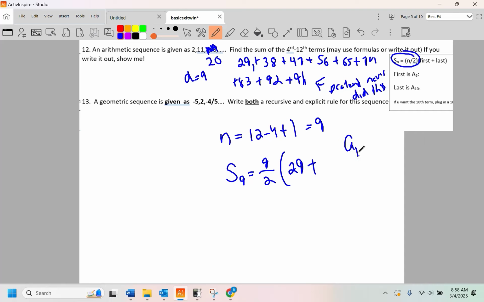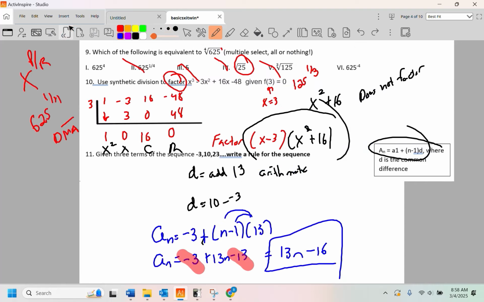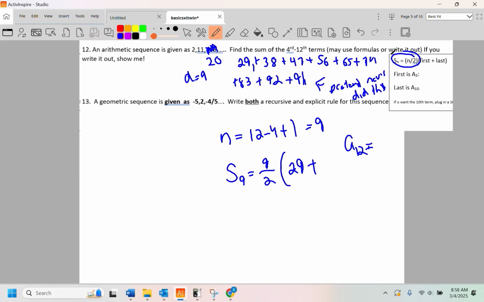To find a of 12, I take the formula right there and I plug into it. It is going to be the first term, which was 29, plus 12 minus 1 times a difference of 9. So 29 plus 11. Oh, Milbrath. That's not 29. That's 2.